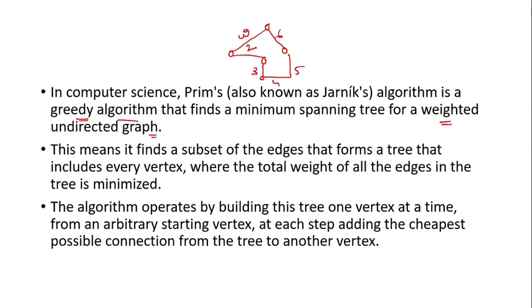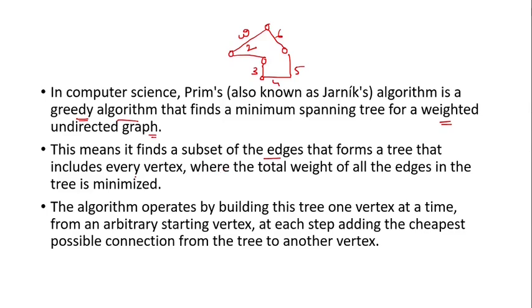This means it finds a subset of the edges that forms a tree that includes every vertex. Now in this minimum spanning tree, you can skip the edge which has the maximum weight or higher value. You will be able to skip edges, but you cannot skip any vertices.